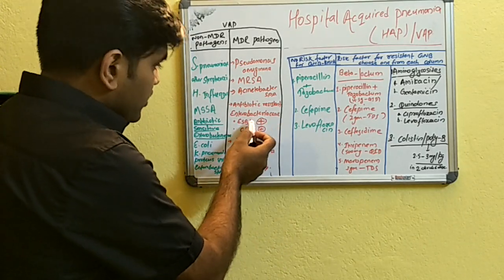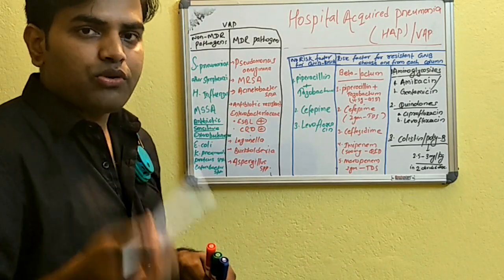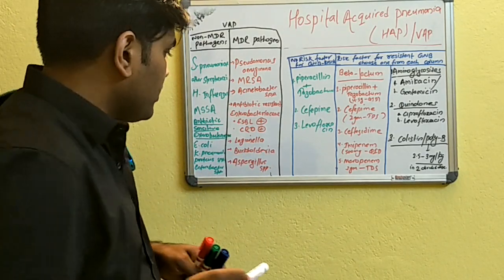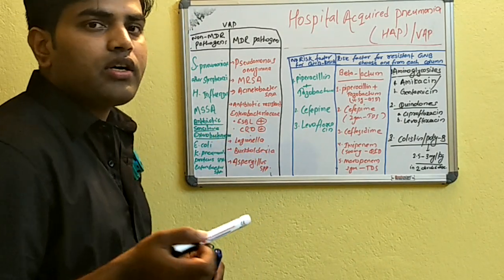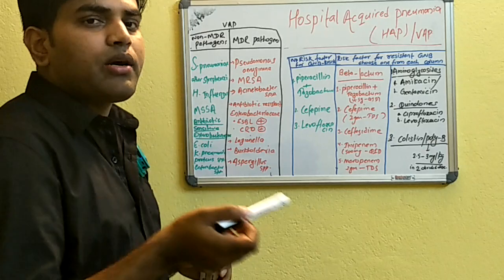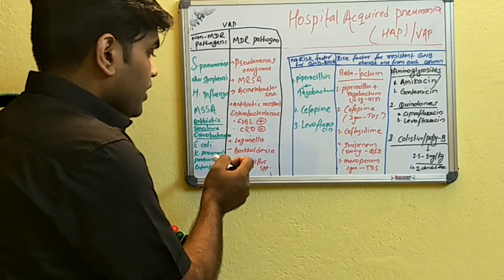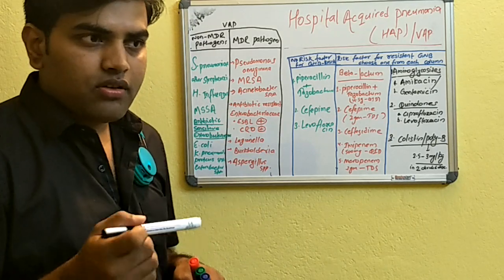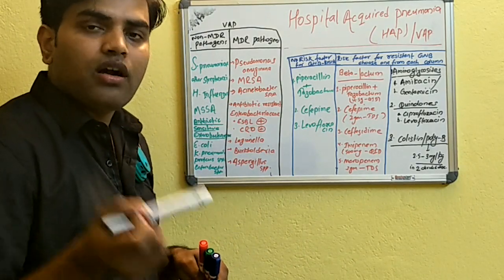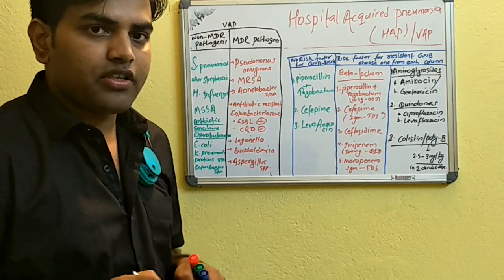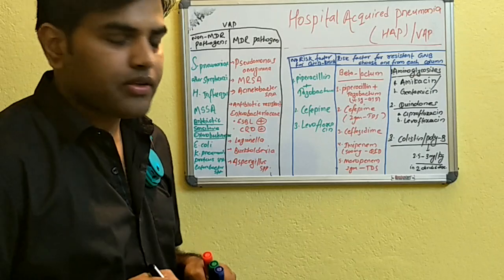If these are ESBL producers or carbapenem-resistant organisms, we have to think about the antibiotic accordingly. Then Legionella, I have told you already that it occurs only in the water system, contaminated water system, mainly through the AC. And Burkholderia, Stenotrophomonas. These organisms are very nasty and most of the time they have to be treated under infectious disease consultation.